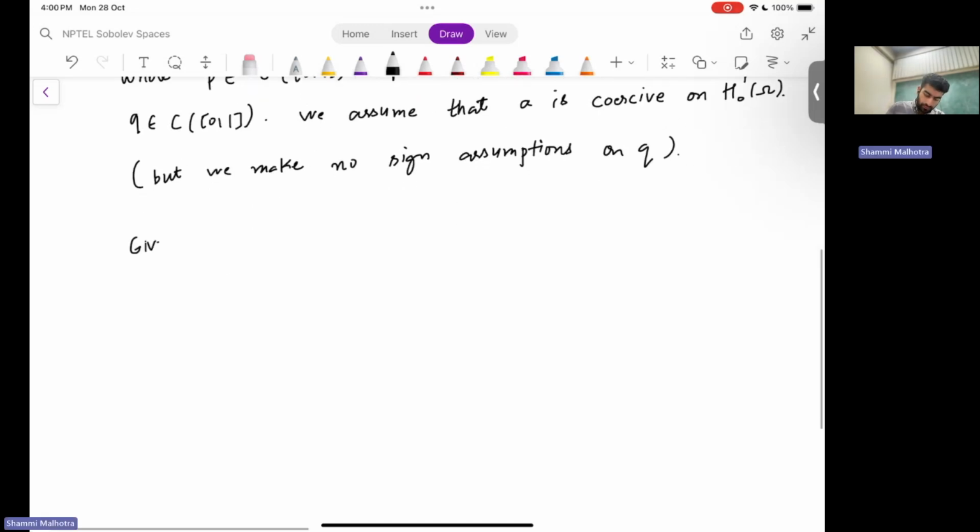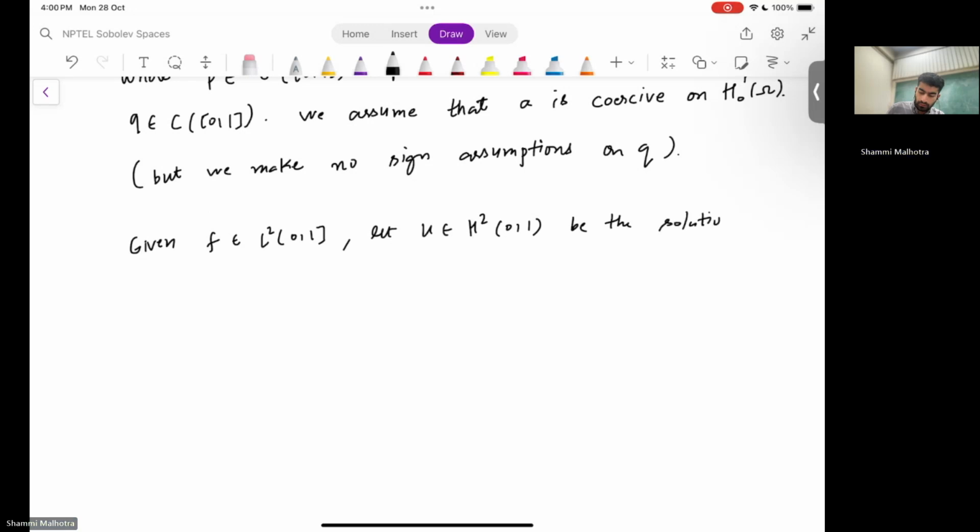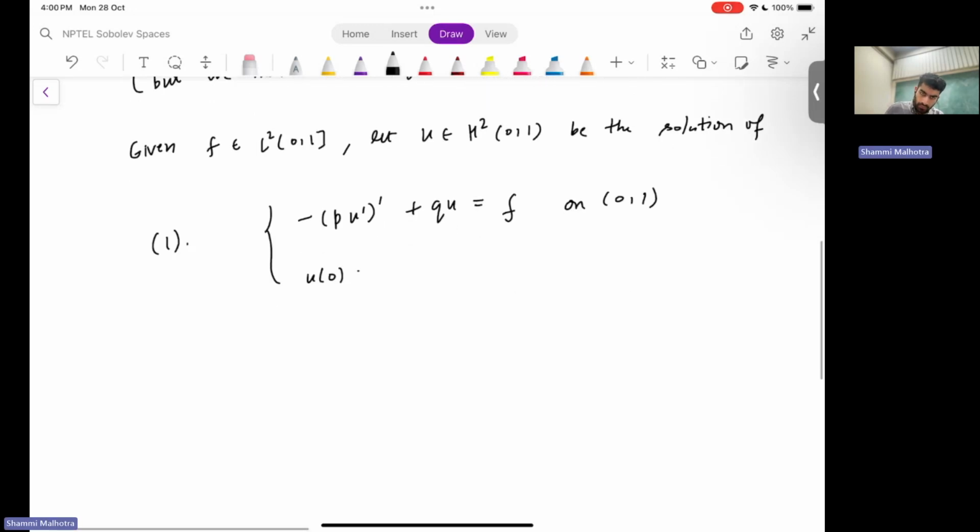Given f in L^2(0,1), let u be in H_0^1(0,1) be the solution of minus (p u')' plus q u equals f on the open interval (0,1), and then we have u(0) equals u(1) equals 0.